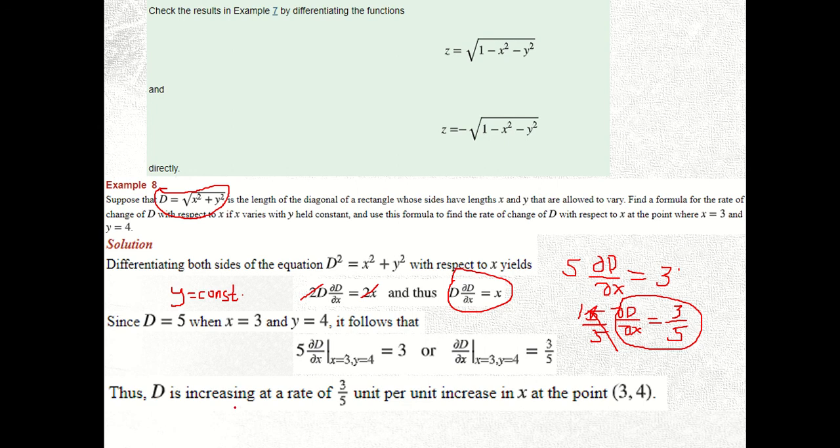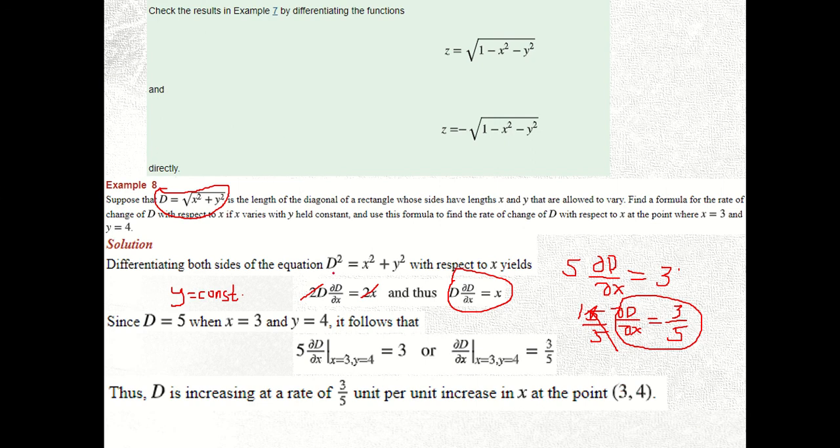So d is increasing, because this one is our slope, at the rate of 3 over 5 units per unit increase in x at the point with coordinates 3 and 4.